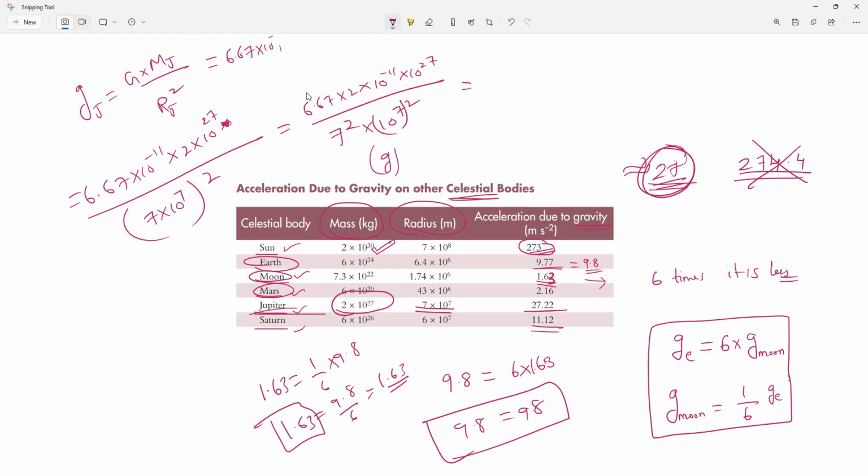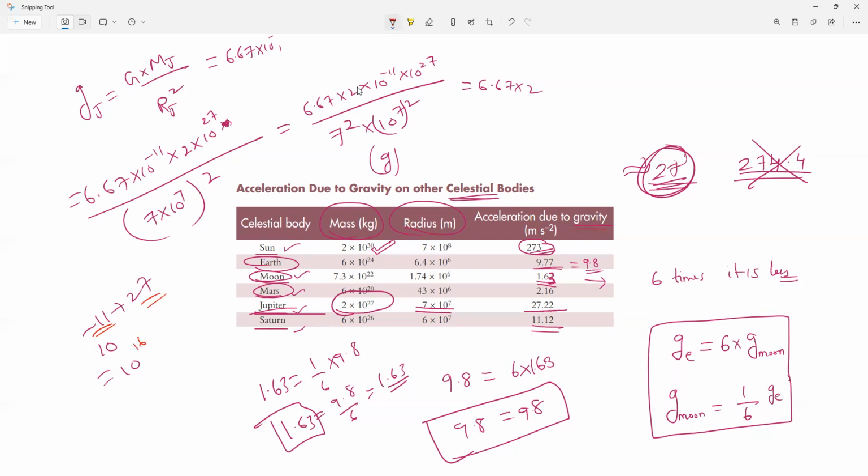Now tell me, guys, 6.67 into 2, and 10 power minus 11 plus 27, how much? Minus 11 plus 27, quickly, guys. 16, sir. 16.